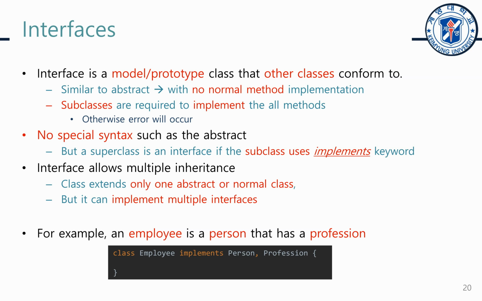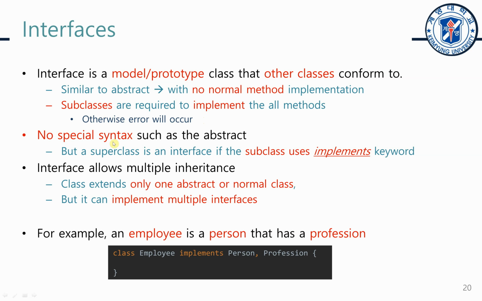The difference between an abstract class and an interface is that in interfaces there is no normal method implementation, and the subclass must always implement. In abstract classes, the subclass may or may not implement all methods, but when we talk about interface classes, we have to implement all of the methods.